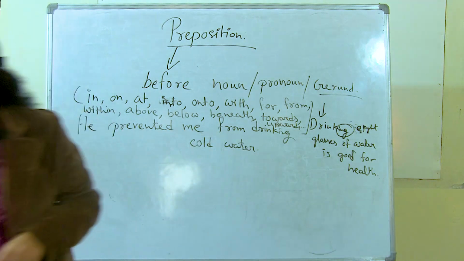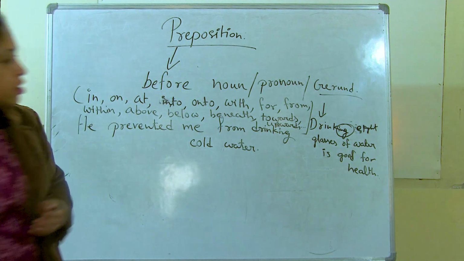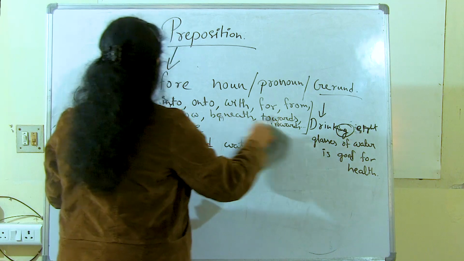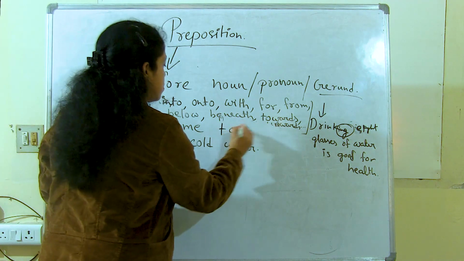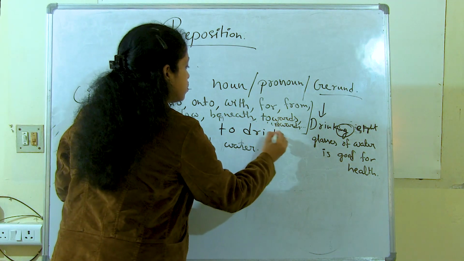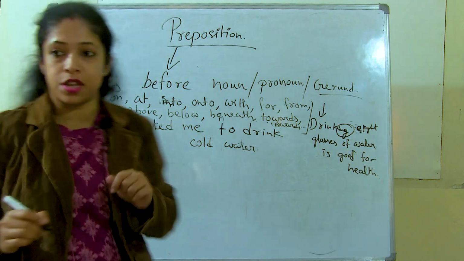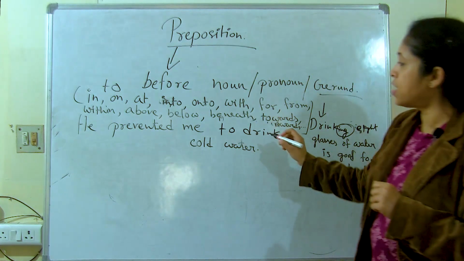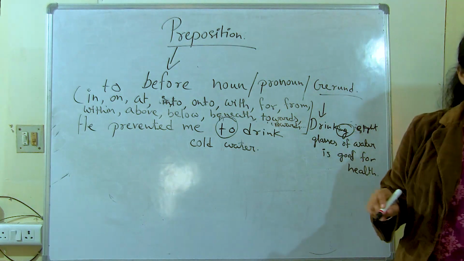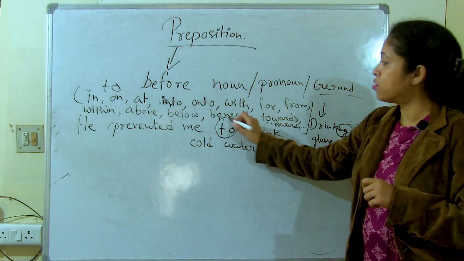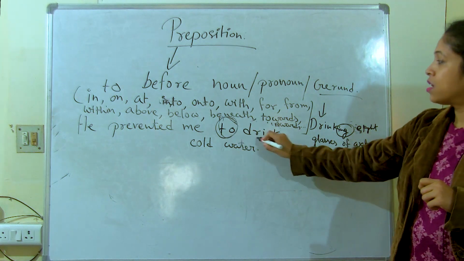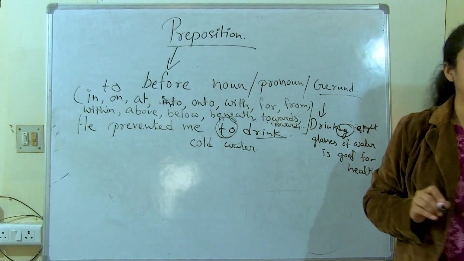Suppose if we write here, he prevented me to drink. We know that to is basically a preposition, but here we don't say that to is a preposition. To is not a preposition here, as the verb is not in the gerund form.